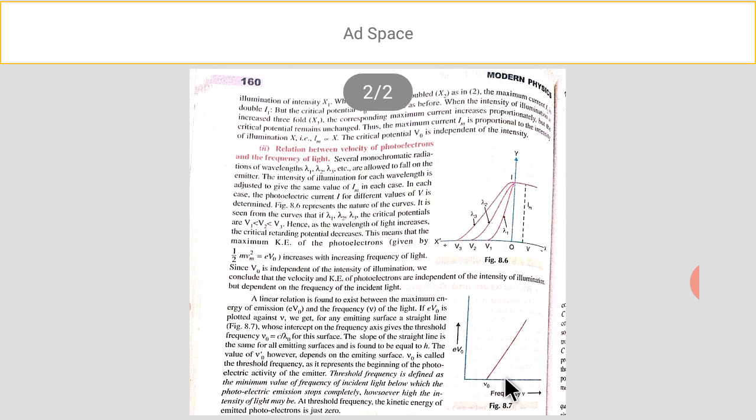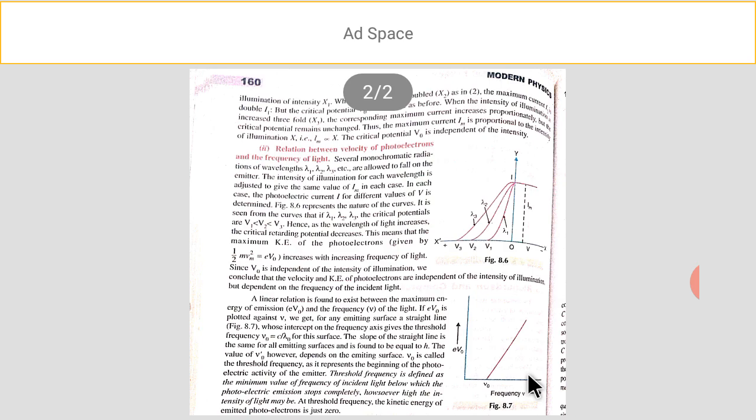If eV0 is plotted against nu, we get for any emitting surface a straight line whose intercept on the frequency axis gives the threshold frequency. Nu 0 is the threshold frequency, which is given by c upon lambda naught for this surface. The slope of the straight line is the same for all emitting surfaces and is found to be equal to h.